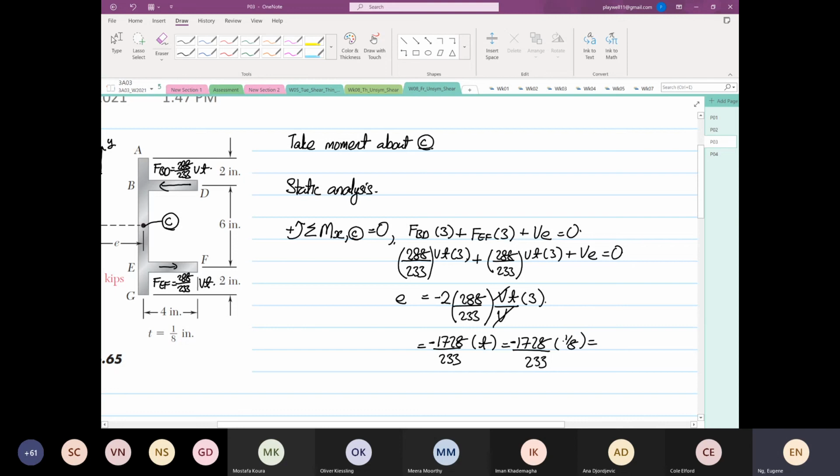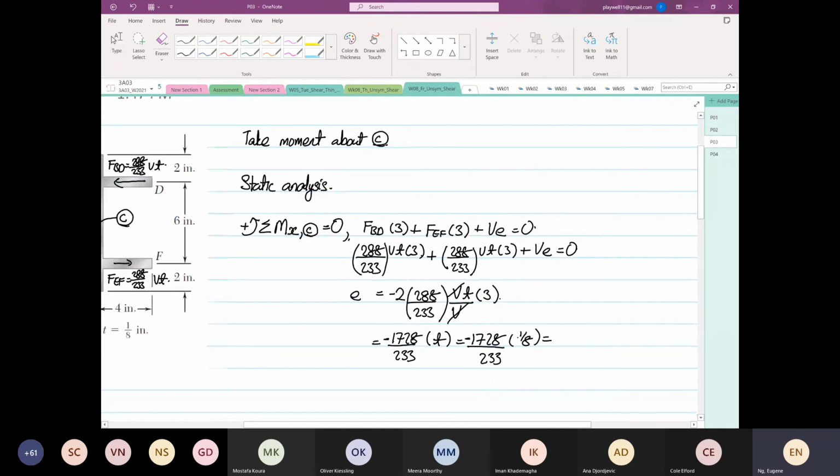So the shear center is at 0.927 minus inches. Okay, so I'll do it again. 1728 over 233 times by 1 over 8 is equal to 1728 divided by 233 times by 1 over 8.